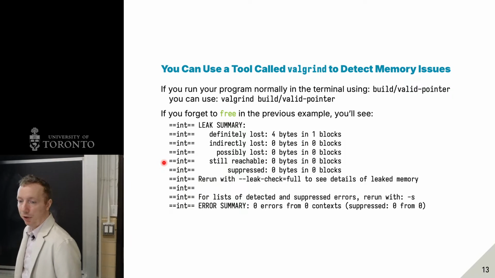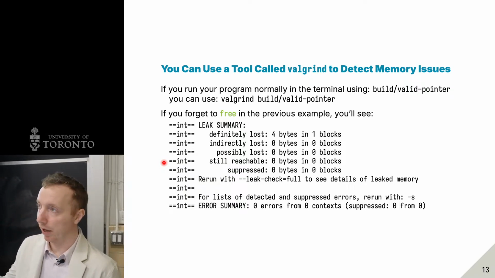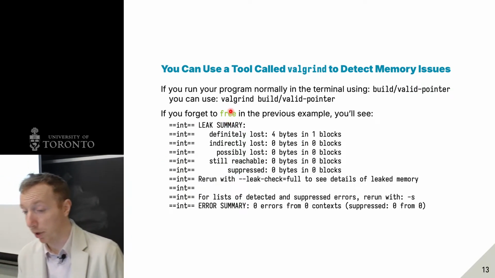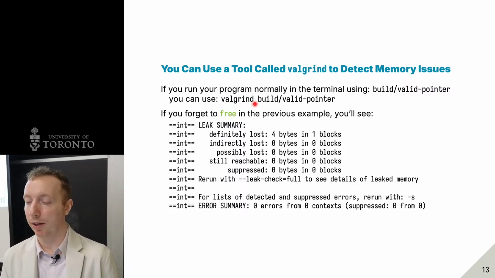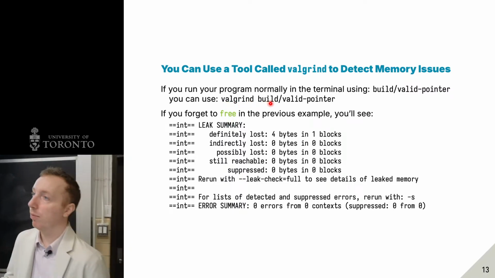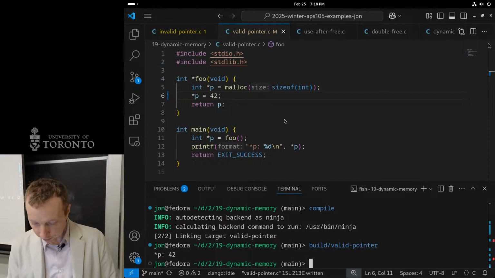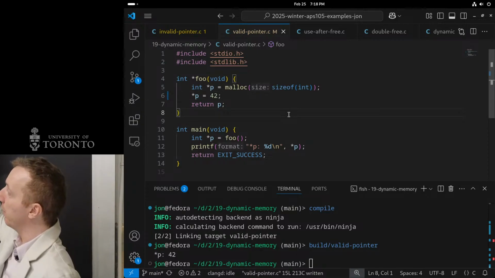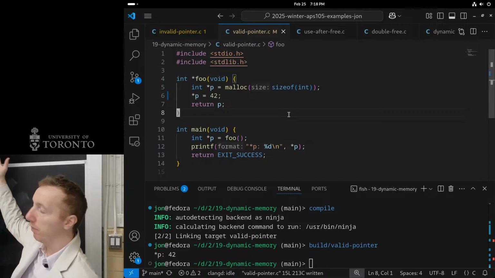So if you run your program normally using the terminal, like using build valid pointer or whatever the name of your program is, and why I suggest using the terminal is to use this, you just put the word Valgrind and then a space in front of it, and then it will show you a whole bunch of fun information. So let's just see. So here is the version of my program where I forgot to free p, right? I only malloced it and I never freed it.